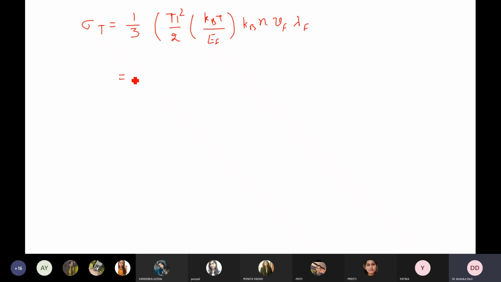So this is equal to pi square by 6 n kB square T lambda f Vf divided by Ef.